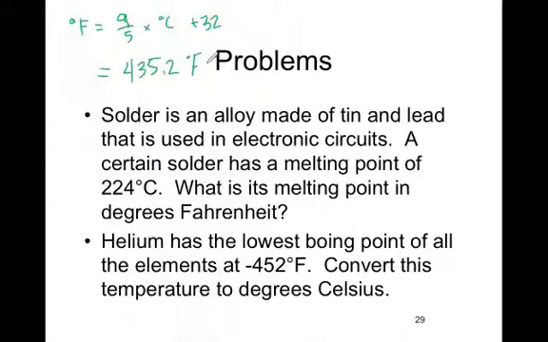The other thing is if you convert to Kelvin, you don't put degrees Kelvin, it's just Kelvin. Okay? Helium has the lowest boiling point of all the elements at negative 452 degrees Fahrenheit. Convert that into Celsius.